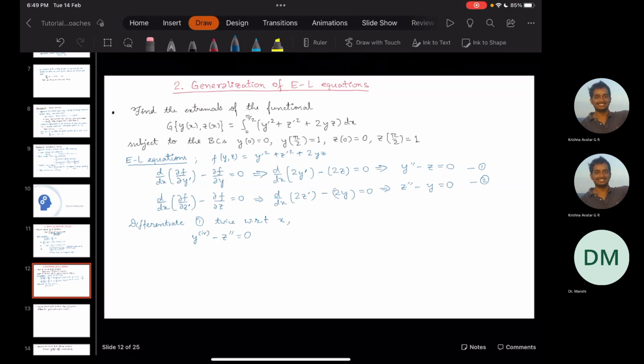Now, from the second equation we have z double prime is equal to y, isn't it? So we substitute this into the equation, and we are left with y fourth derivative minus y is equal to 0.